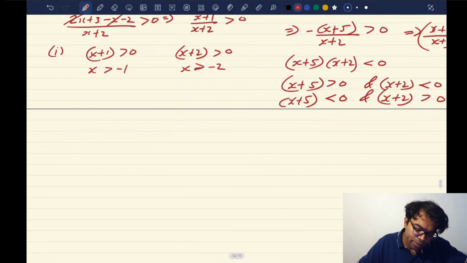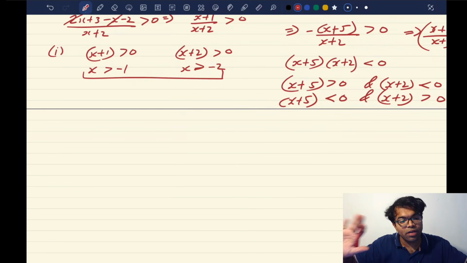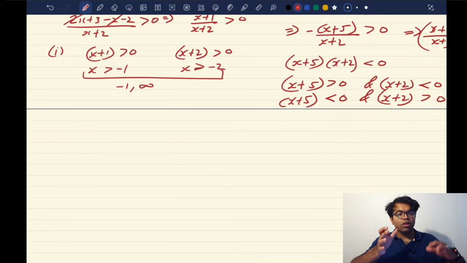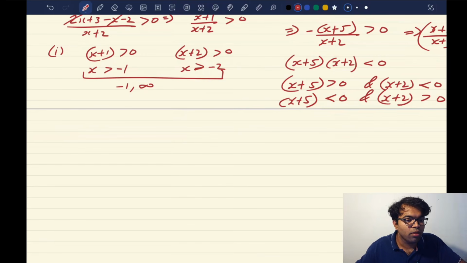Okay. Now, x should be greater than minus 1 and x should be greater than minus 2. So, what is the interval that you will have by looking at these two? It should be from minus 1 to infinity, right? Because see, your dad is telling you that you need to get a score above 90.